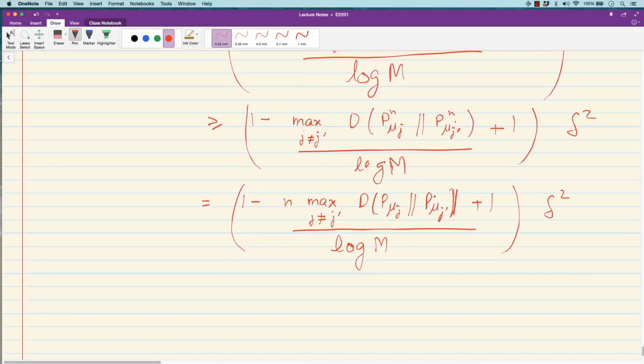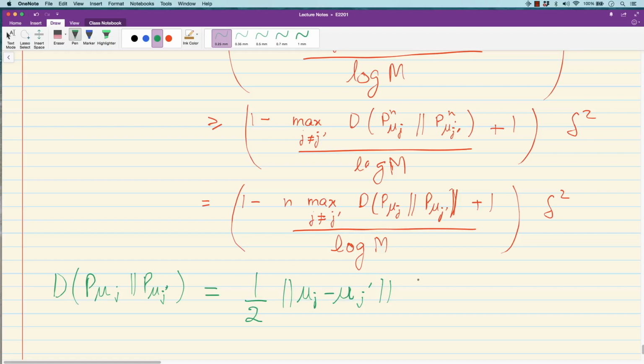Now furthermore, these two are Gaussian distributions with mean mu j and mu j prime. So this is a simple claim. You can check that the divergence between P mu j and P mu j prime for the Gaussian case with unit covariance is exactly equal to half the norm of mu j minus mu j prime squared.